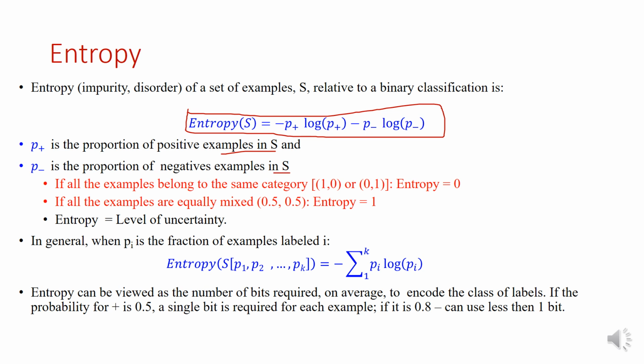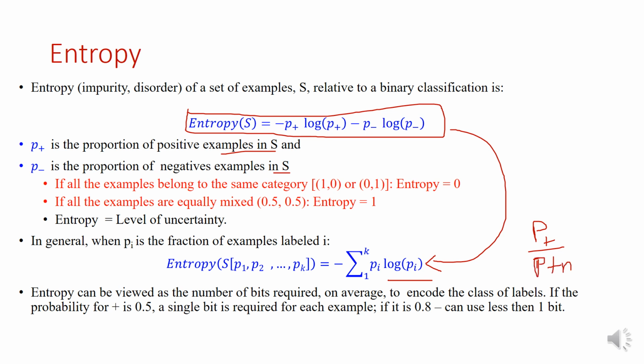This entropy equation can also be rewritten like this, guys. Instead of writing plus and minus, we could write the entropy of the sample data set as equal to minus the sum, sigma from 1 to k, of pi log pi, where pi represents the number of positive instances divided by the total number of instances, that is, the total of positive plus negative instances.